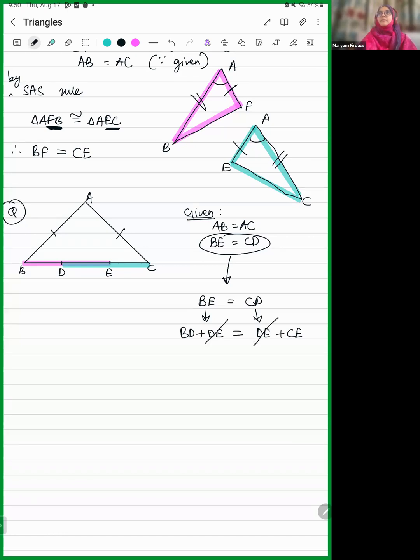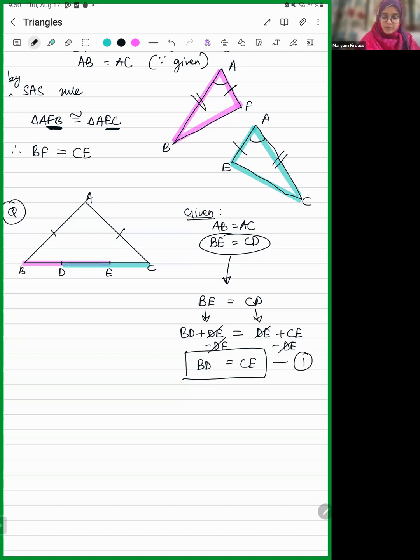Or if you're not comfortable with that, you can say that we take DE to the other side, in other words, subtracting DE from both sides of the equation. We get BD is equal to CE. So this is something we're going to use. Let's mark it as 1.